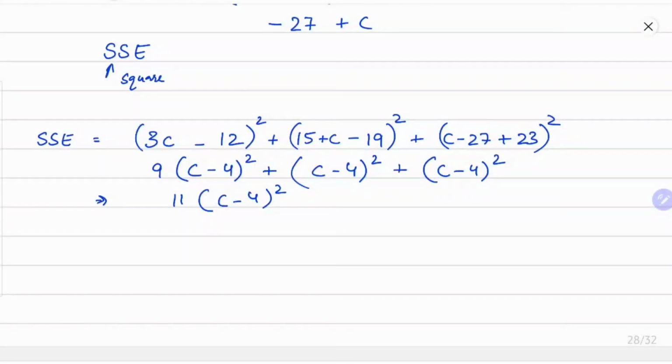Now we have to find the minimum SSE. You can clearly see that SSE will be 0 if c is equal to 4, and that would be the minimum value of SSE. So we can simply say that c should be equal to 4.